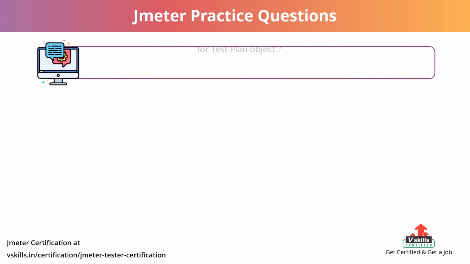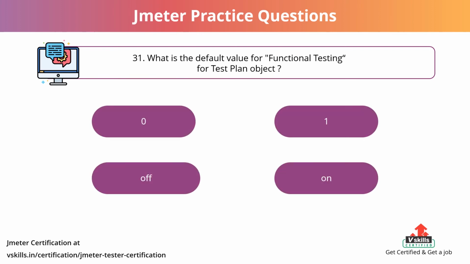Question number 31. What is the default value for functional testing for the test plan object? The options are A, 0, B, 1, C, off, D, on. The correct answer is option C. Question number 32.